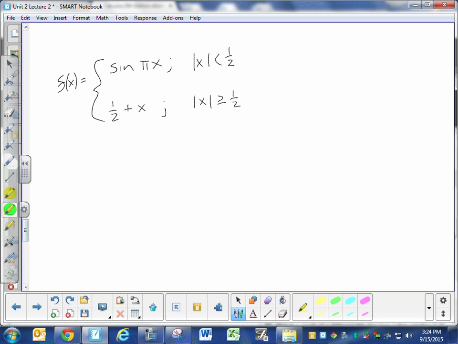Now, with absolute values, it's important to know that we're talking about the positive or the negative value having to be less than this, right? Positive or negative value has to be greater than or equal to 1. Okay, well, so I'll have x is less than 1/2. Sorry, let me write that out.